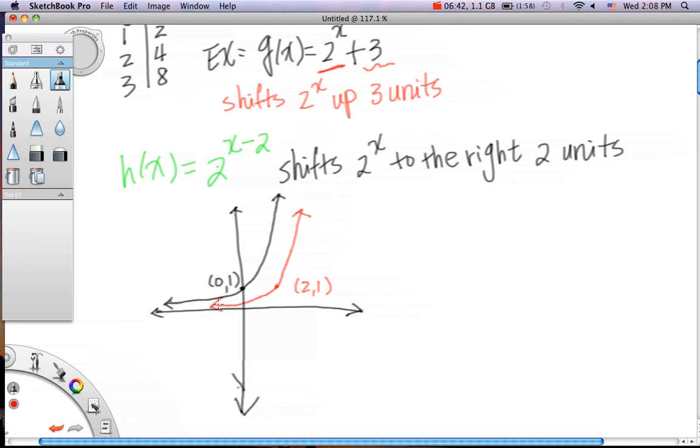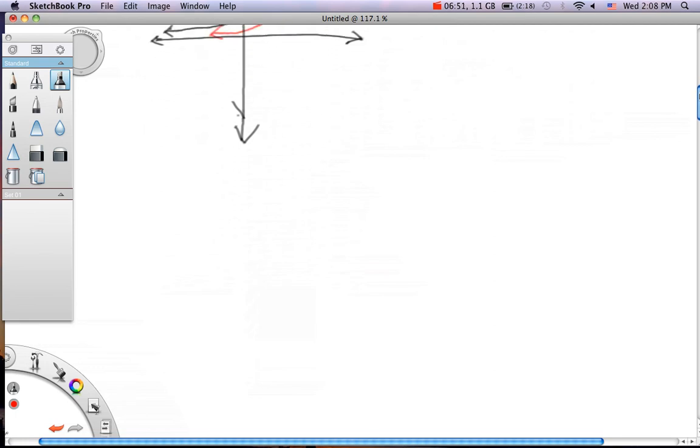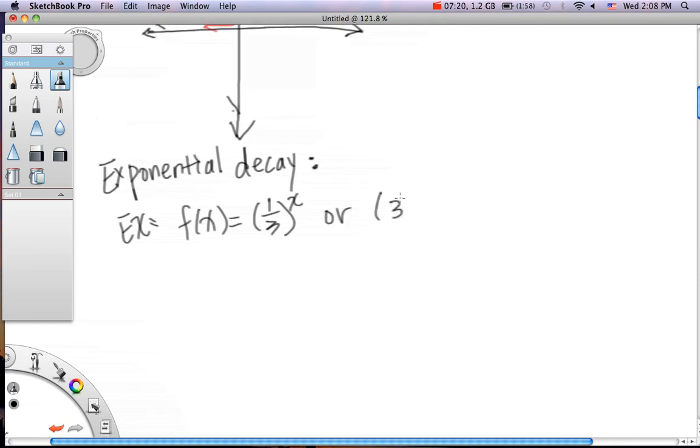We'll finish this little lecture with exponential decay. An exponential decay function looks like this. f of x is equal to 1/3 to the x, or if you think of this as 3 to the negative 1 power to the x, that looks like 3 to the negative x.